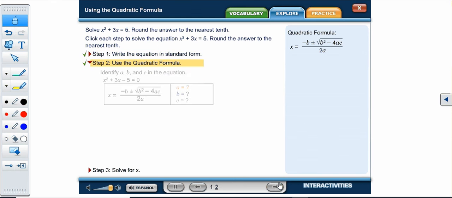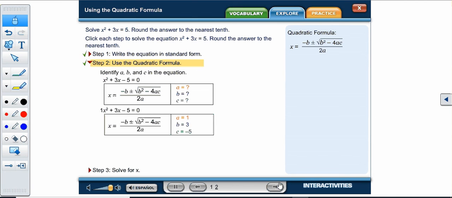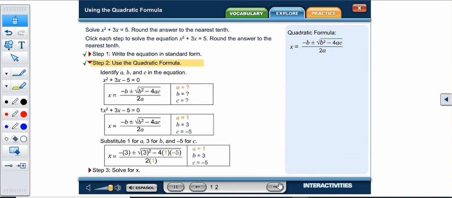Step 2. Use the quadratic formula. Identify a, b, and c in the equation. a is 1, b is 3, and c is negative 5. Substitute 1 for a, 3 for b, and negative 5 for c.